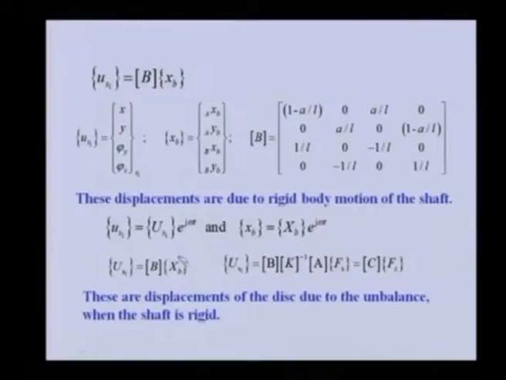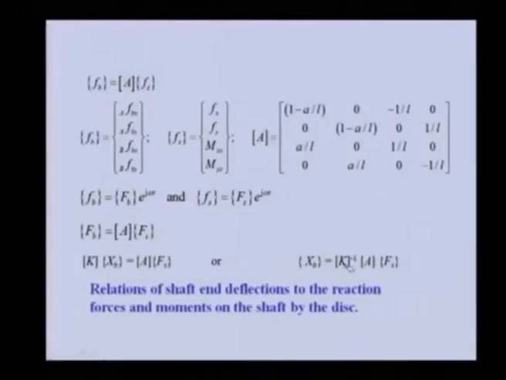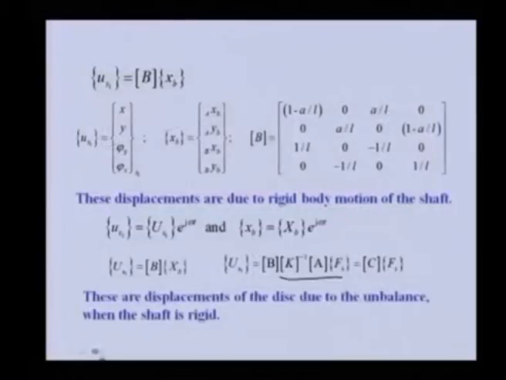Earlier we had the x_b bearing displacement; if we go back, we can see how we defined x_b. We wrote it like this, so we are substituting this in place of x_b. And I am defining B times the inverse of k and A as C now, and this is the shaft reaction force which is coming from the disc.